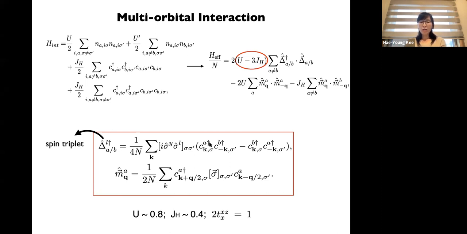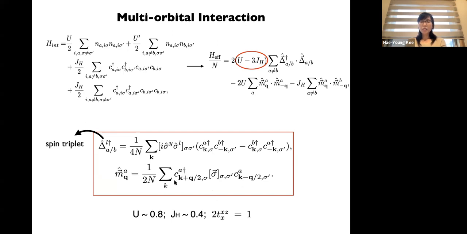And AB minus BA is orbital antisymmetric, and that's a spin triplet. The spin density wave, or magnetization, takes the standard c dagger c with sigma, the spin-half Pauli matrix.